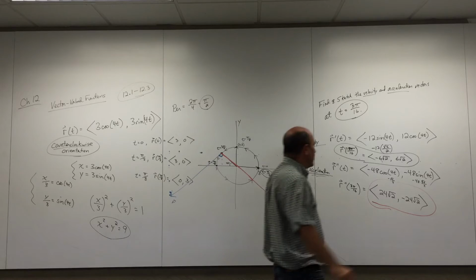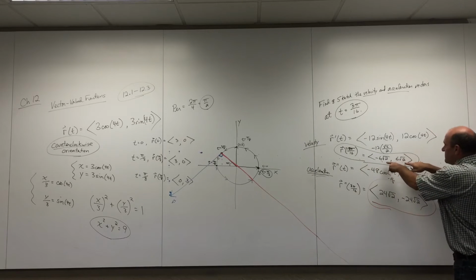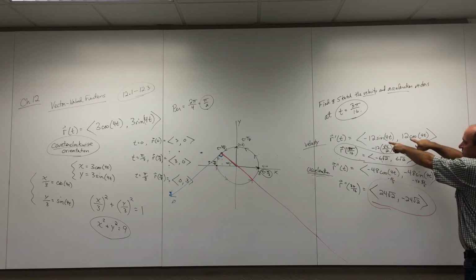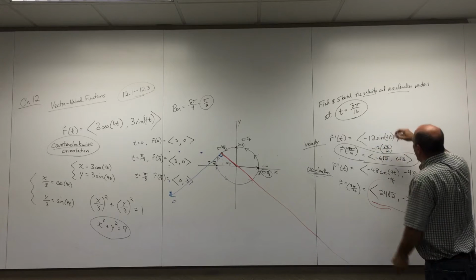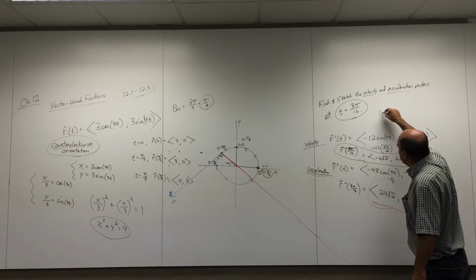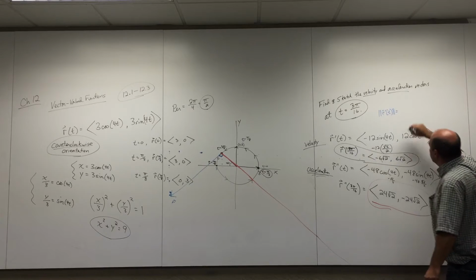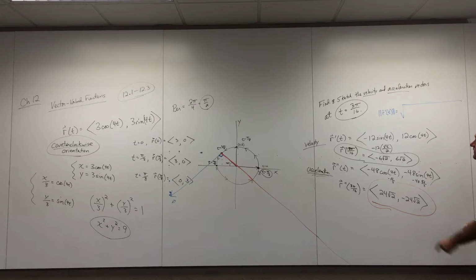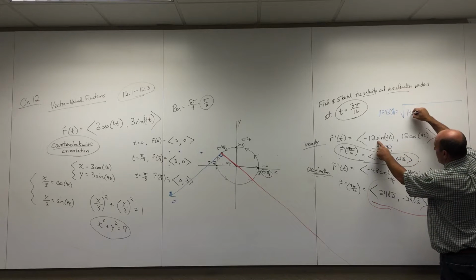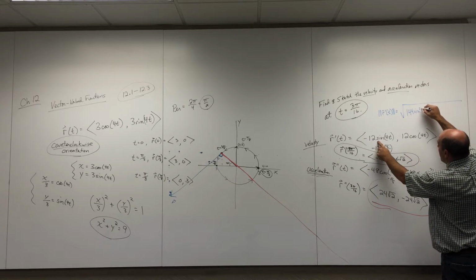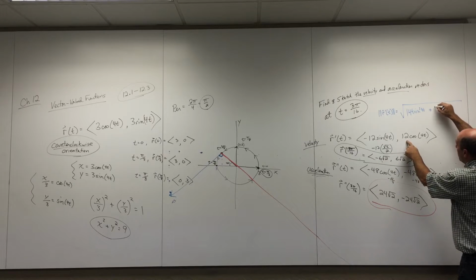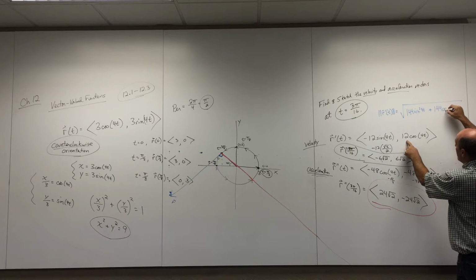What is the magnitude of velocity? You could calculate the magnitude if you wanted. What is the magnitude of the velocity vector? It is the square root of 144 sine squared 4t plus 144 cos squared 4t.